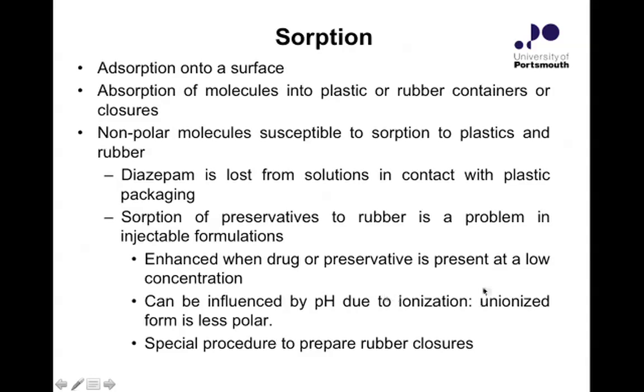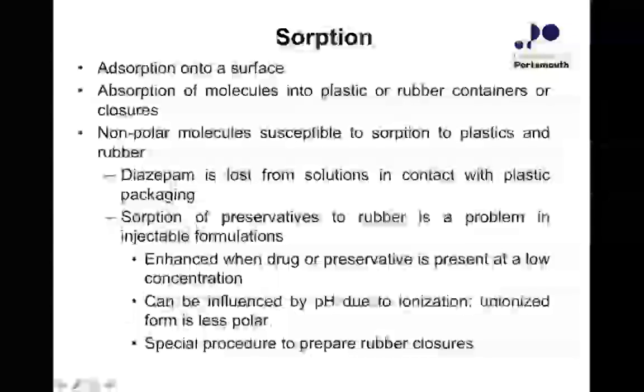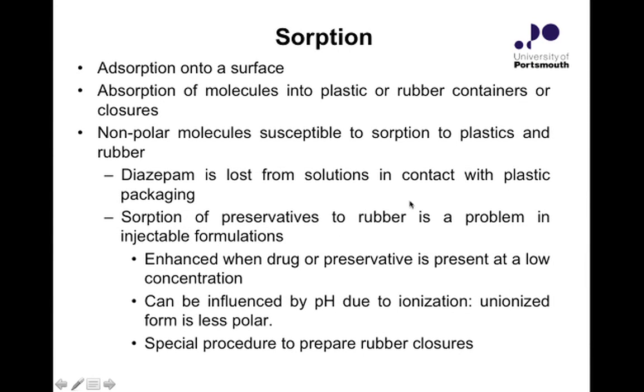Again, pH, ionization state, and the unionized form of a drug or excipient is often less polar, and therefore can be attracted to rubber or plastic packaging. And a special procedure often is used to prepare rubber closures if you're going to use formulations in the presence of rubbers.